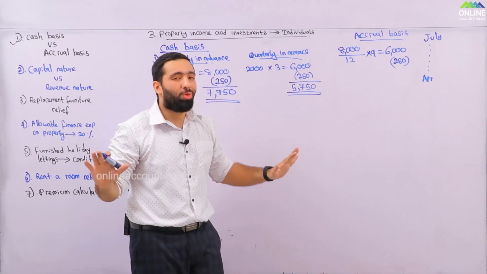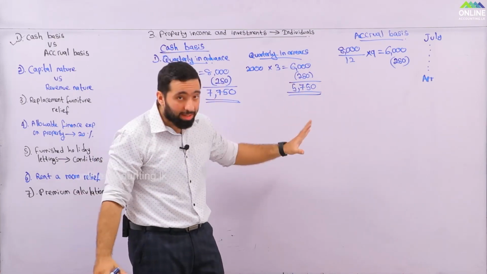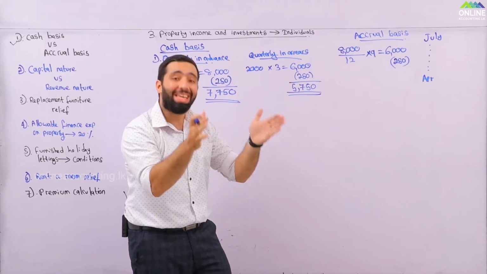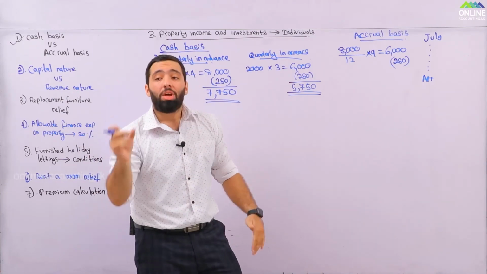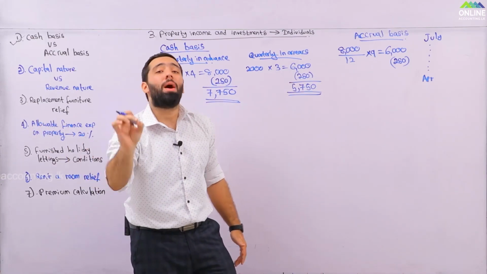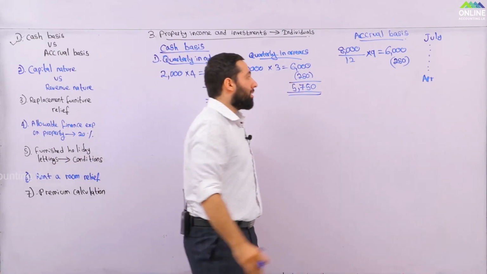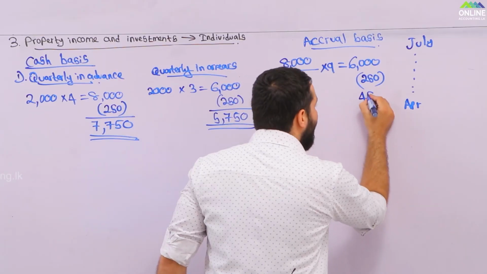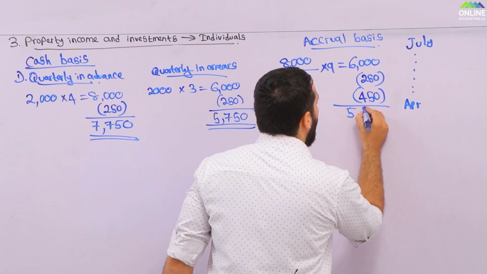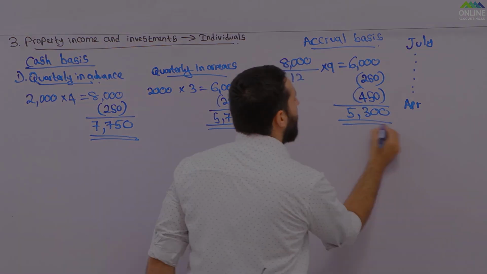So make sure you understand this. Yes, the 450 is relevant for that year of assessment. Why? It is clearly said the repairs are completed in March 2024. So you are going to deduct this, and then finally you arrive at 5,300.